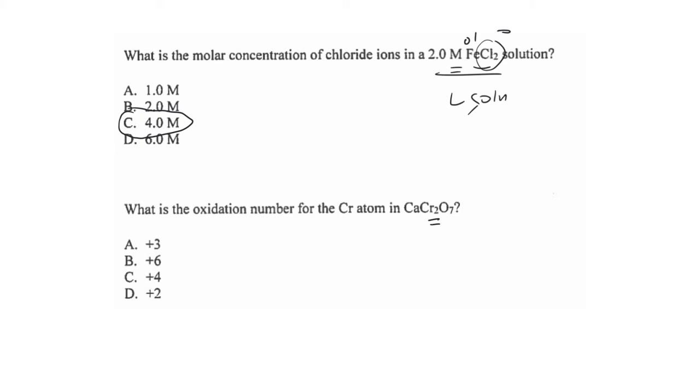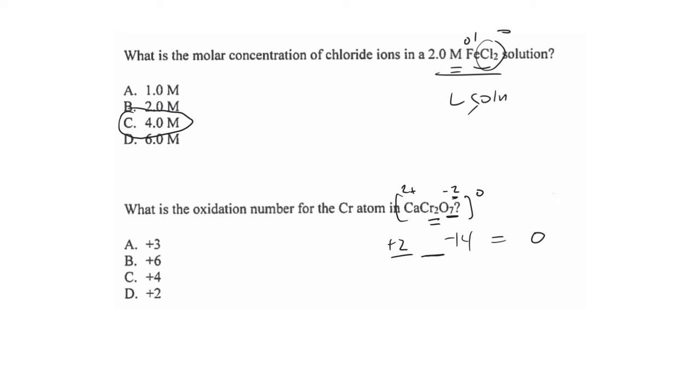Oxidation number of chromium here, we got 2 plus for calcium based on the periodic table, minus 2 for oxygen for the same reason, minus 14, 7 times minus 2, plus 2 for calcium. And so calcium plus 2. So what do the 2 chromiums have to be to sum up to the overall charge? There's no charge indicated here, so this is 0.